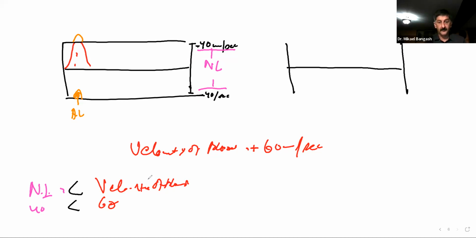Whereas, if we increase our Nyquist limit, let's say to 70 centimeters per second, and down here also 70 centimeters per second, the velocity of blood was 60. Now the Nyquist limit is greater than the velocity of blood.